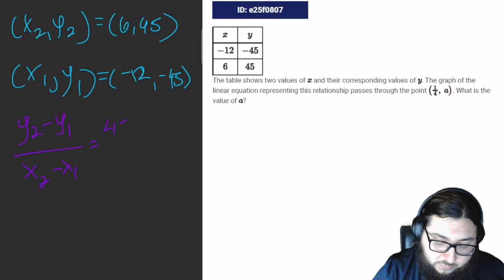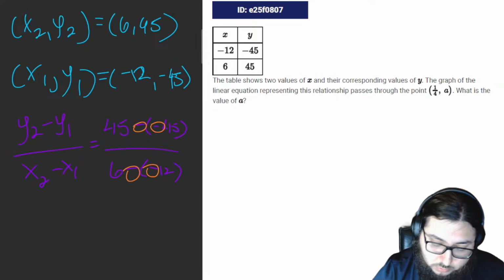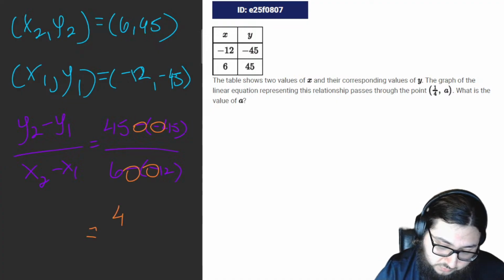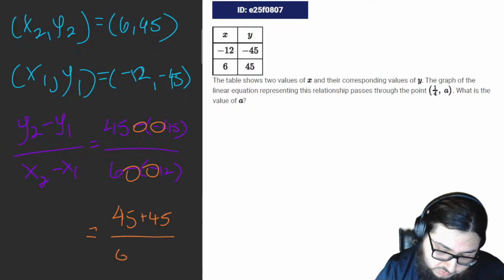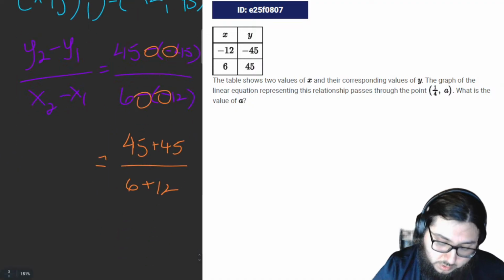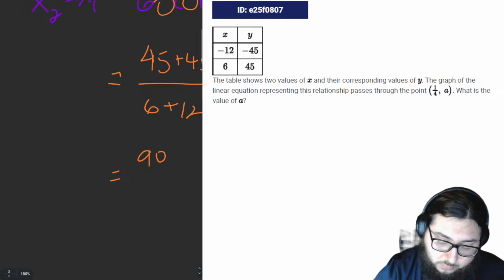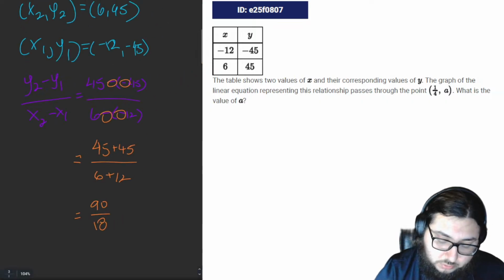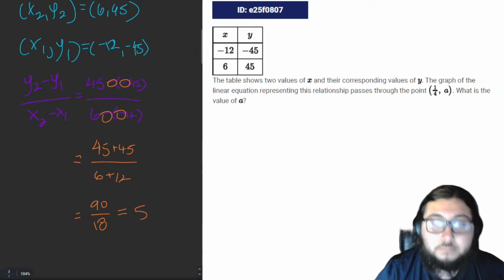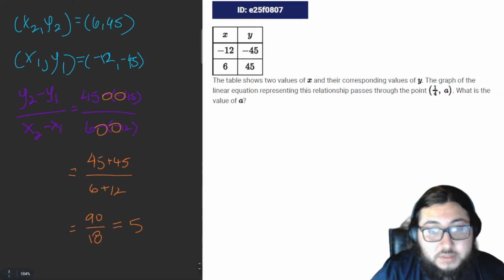So 45 minus -45 over 6 minus -12. Now, as you all know, these double negatives will instead become positives. So 45 plus 45 over 6 plus 12. We get 90 over 18, which is just equal to 5. So we've determined the slope to be 5.